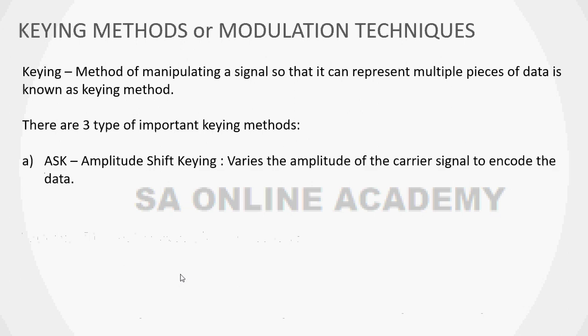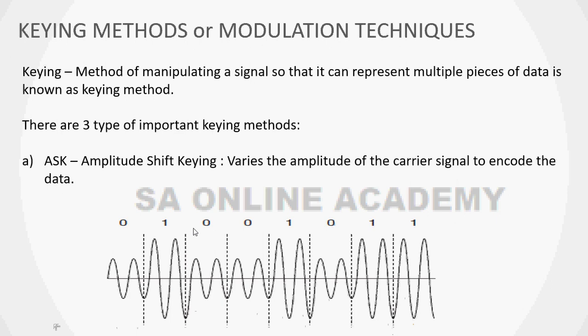Varying the amplitude of the carrier signal to encode the data is called amplitude shift keying. What happens, like you see, they decrease the amplitude to achieve the encoding. If the amplitude is higher, it is considered as 1. Half of the amplitude is considered as 0. So this is amplitude shift keying.